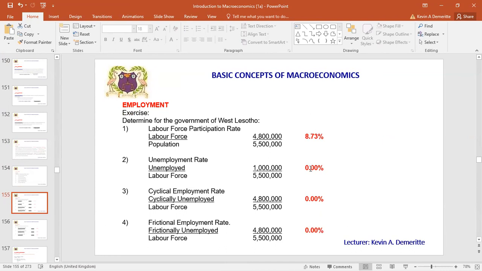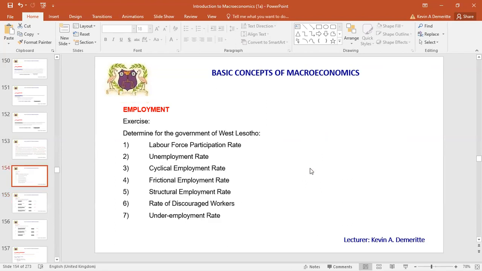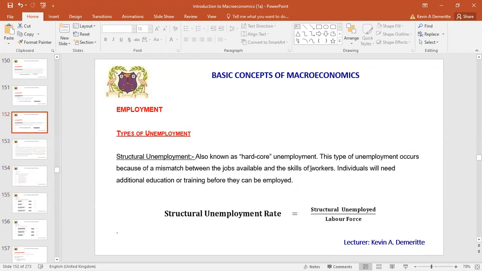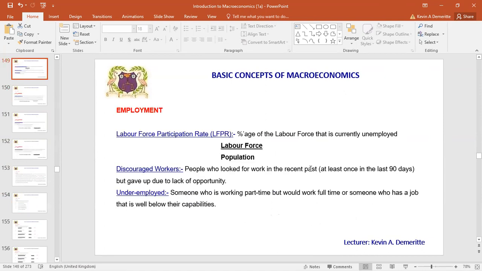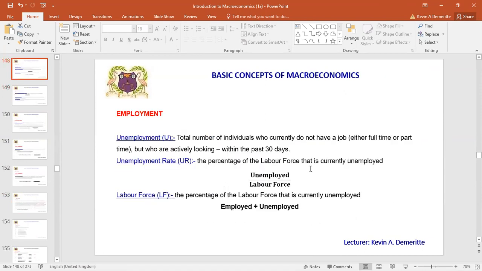So we're not going to be using the 4,800,000 for labor force. You're supposed to be telling me. So let's go back to our notes. What do our notes say? What are we calculating?